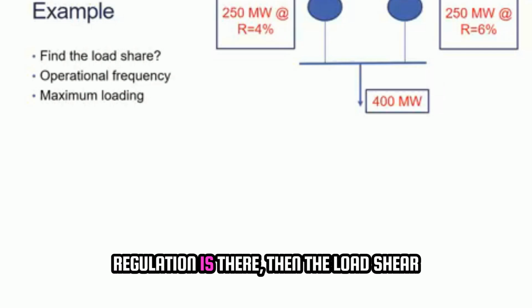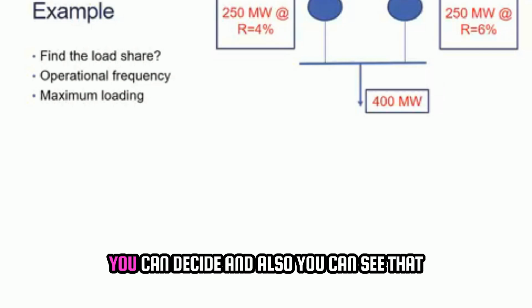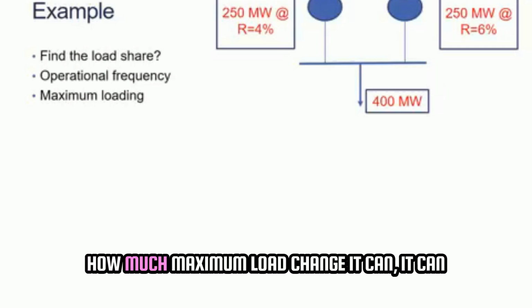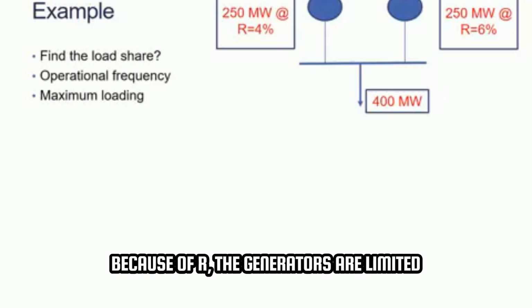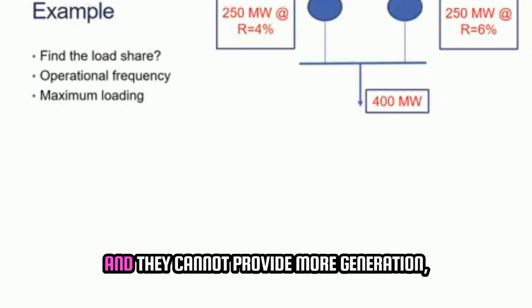We saw that if regulation R is there, then you can decide the load share, and also see how much maximum load change it can handle. Beyond a particular load change value, because of R, the generators are limited and cannot provide more generation, although they have the capacity available.